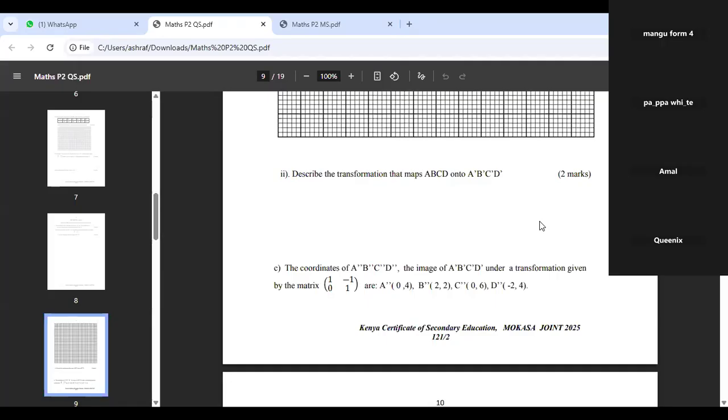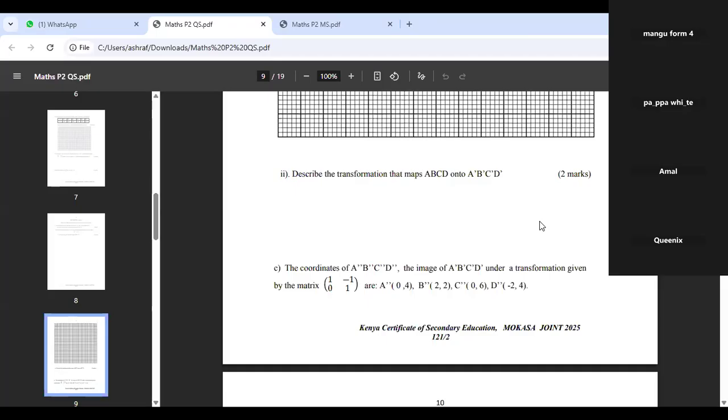What's the difference between a shear and a stretch? How do you differentiate the two, by looking at maybe the object and the image? Okay, for a shear, the points that are not on the invariant line move parallel to the invariant line.